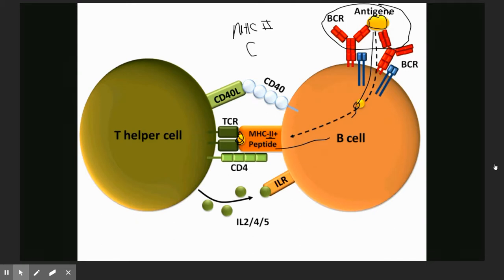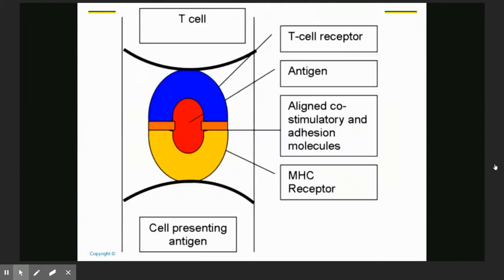CD what? 4. Which cells are CD4? T helper cells, CD4. So that's going to happen. We're going to release the cytokines. This is now activated. It's going to go through all that process that we've talked about before. Same thing here.